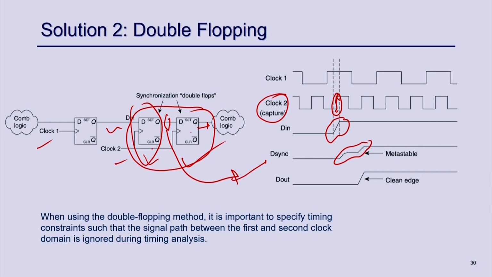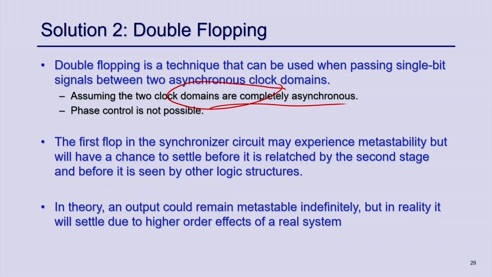But that will not propagate to the next register, because the data will come to the next register on the next clock, and until that point the data gets stable and the output will be stable. So, at the output this metastability will not propagate. This is the simplest and most convenient way to avoid metastability between multiple clock domains.